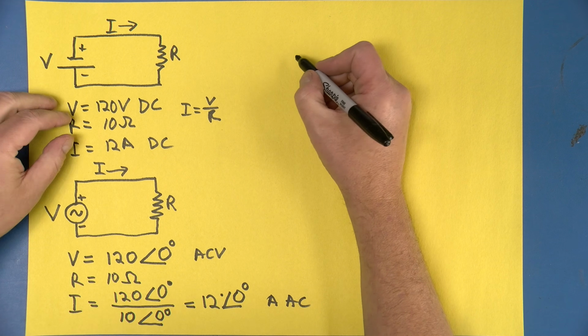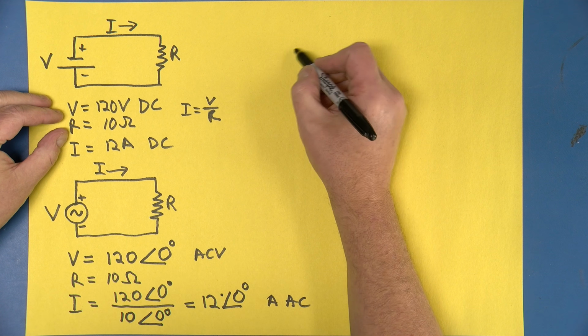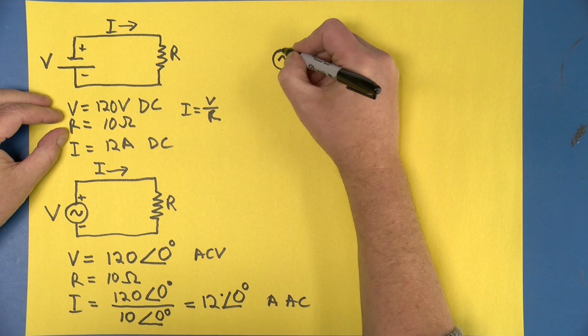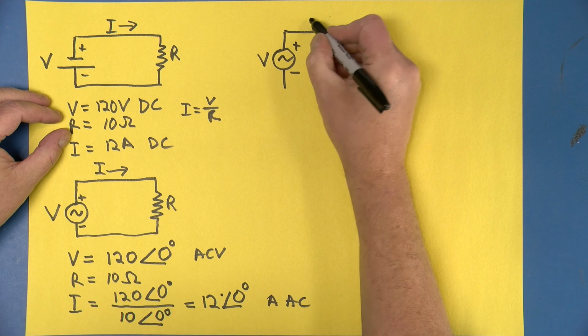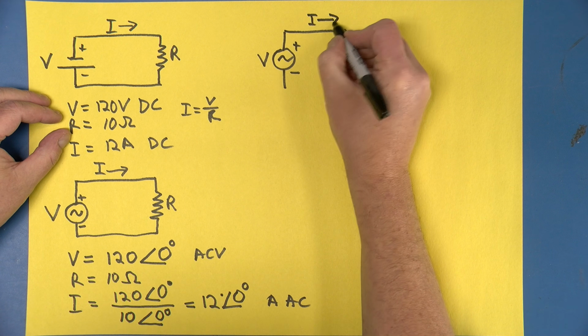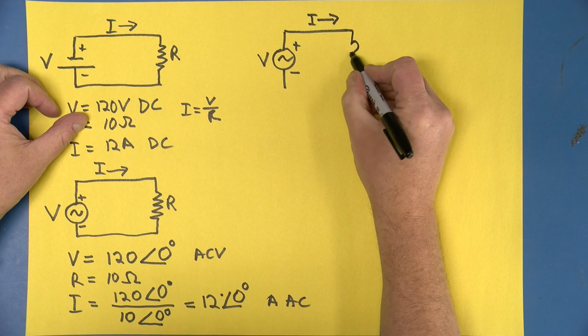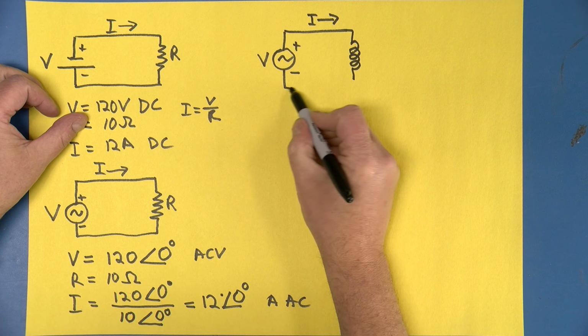Okay, now for the fun part. We will repeat the example. We're going to have a nice little voltage source, again like that. V volts. We will have a current I, but instead of a nice simple resistor, we'll put in an inductor, like that.